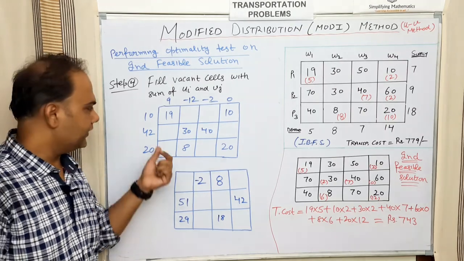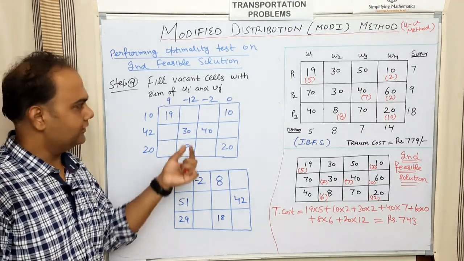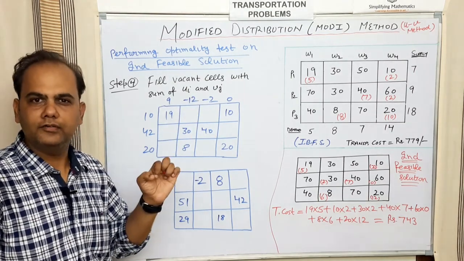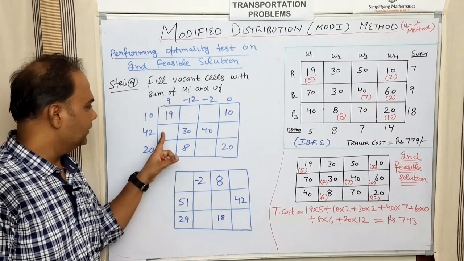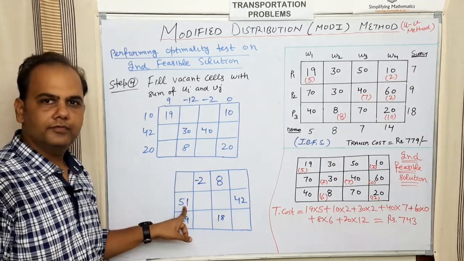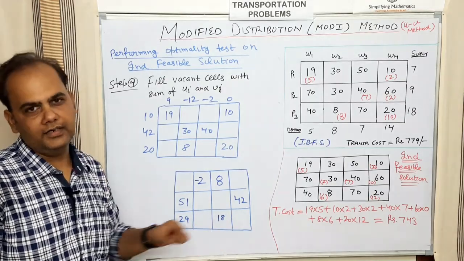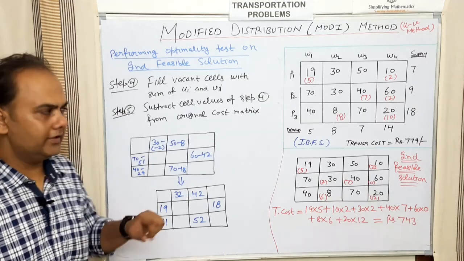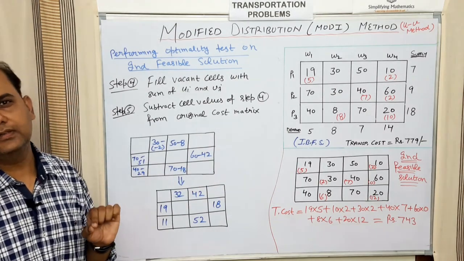The next step is, after finding the values of ui and vj, you have to fill the vacant cells with the sum of ui and vj. So 10 plus minus 12, minus 2, 42 plus 9, 51, 20 plus 9, 29 and so on. Now the next step is to subtract the cell values of step 4 from the original cost matrix.